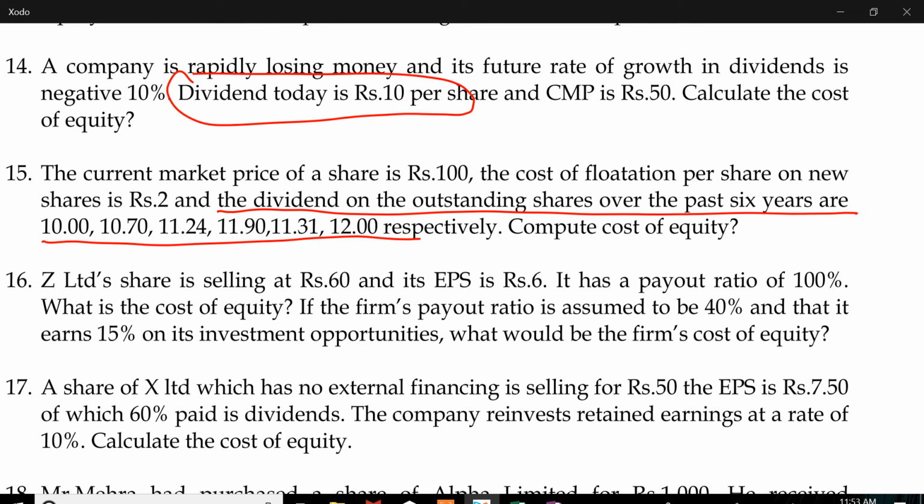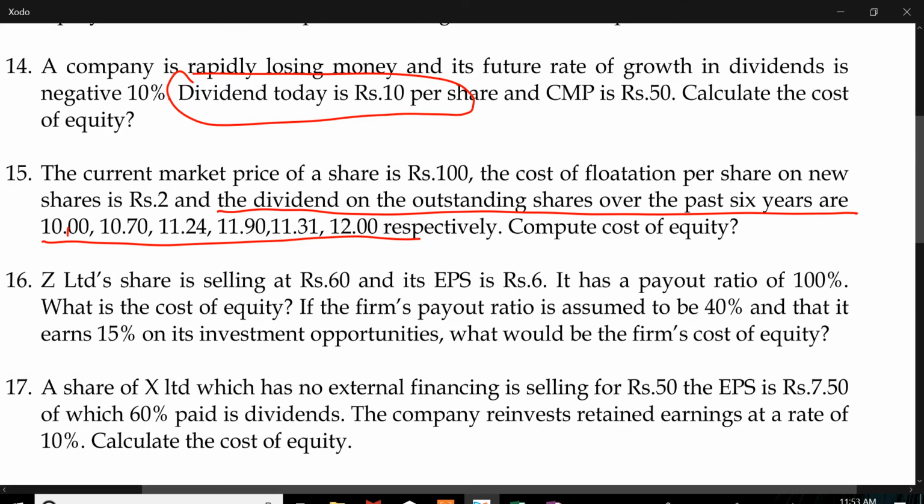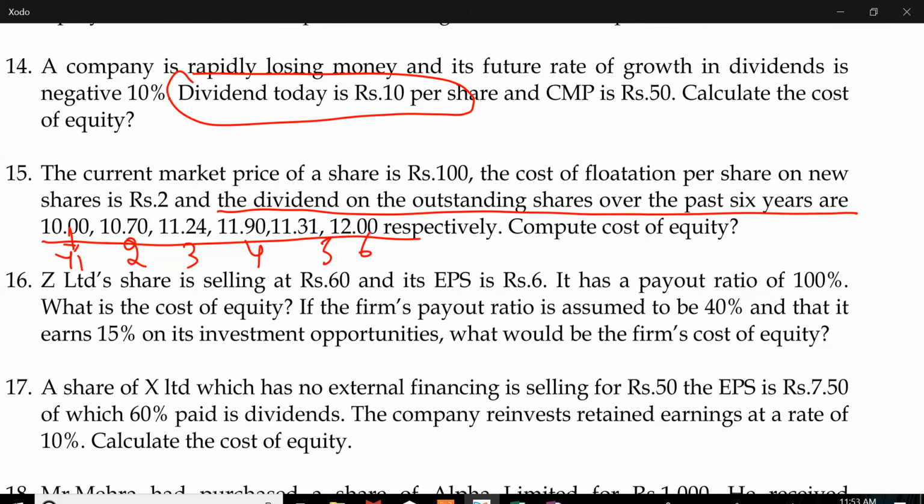It's not in 6 years. Though they have given the 6-year data, technically this will be like year 1, 2, 3, 4, 5, 6. So from year 1 till year 6, in 5 years, dividend of 10 has become 12.